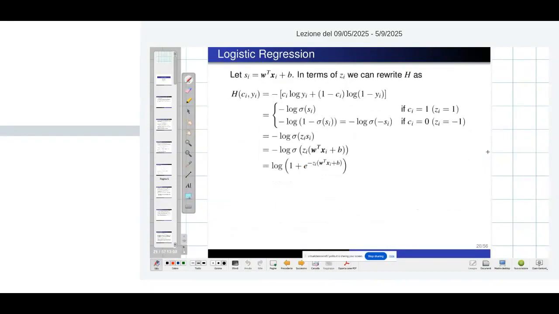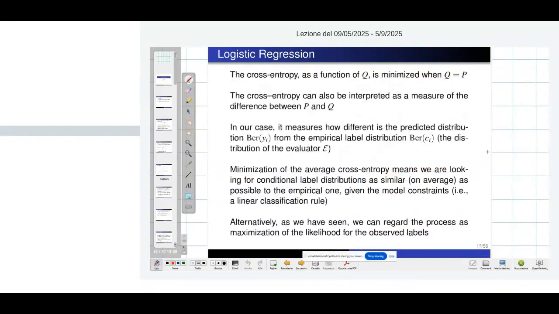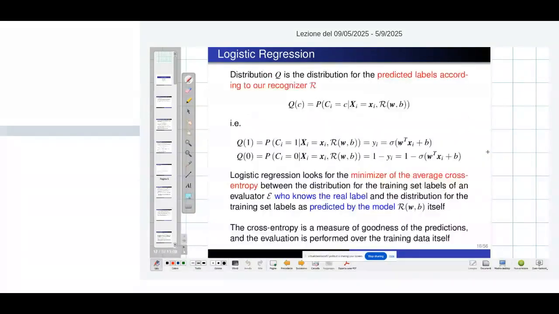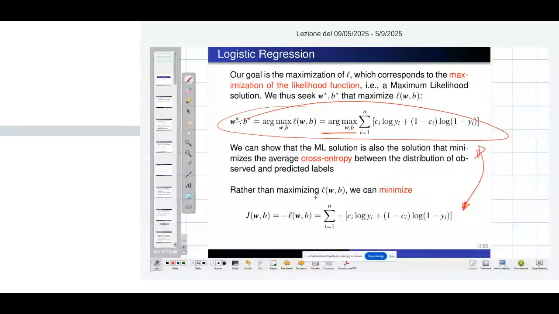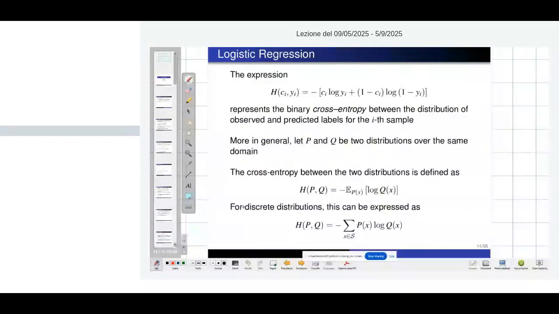We'll see now how to find W and B that are optimal for our training set, in the sense of W and B that maximize the likelihood of our data. Then we've seen that likelihood maximization corresponds to minimization of the average cross entropy.